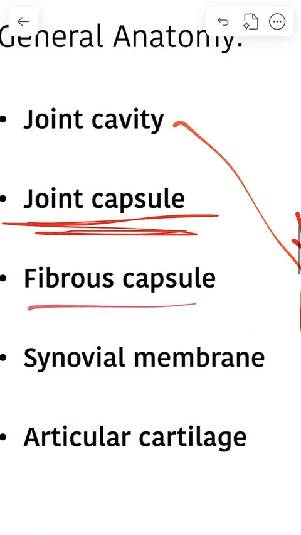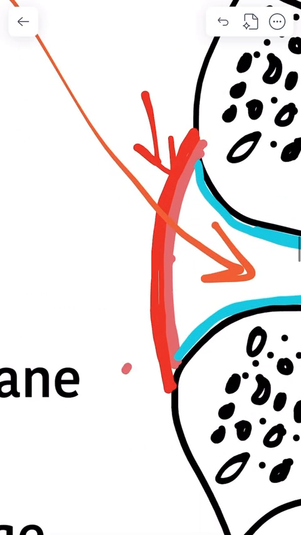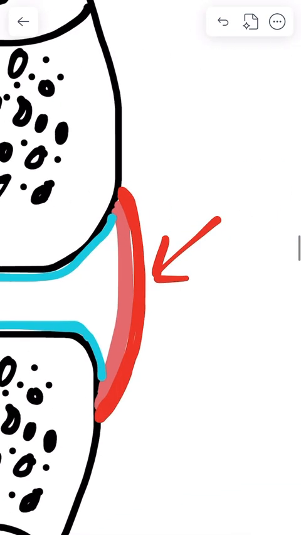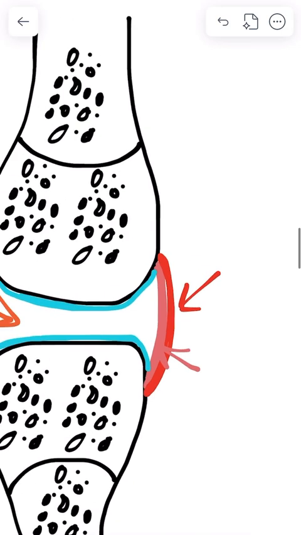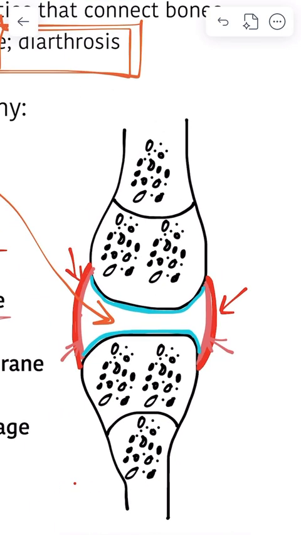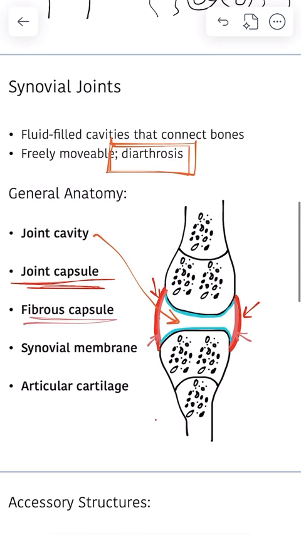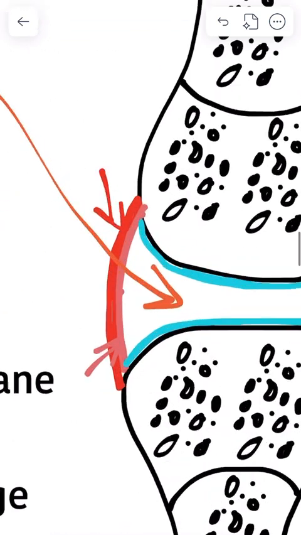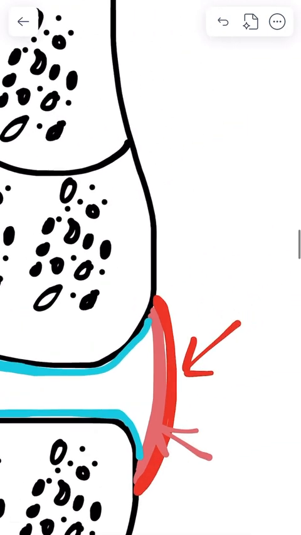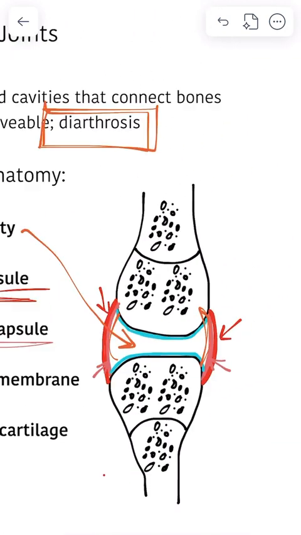So here we see the fibrous capsule. And the synovial membrane, which produces the synovial fluid. So again, just kind of that membrane inside of this cavity here.